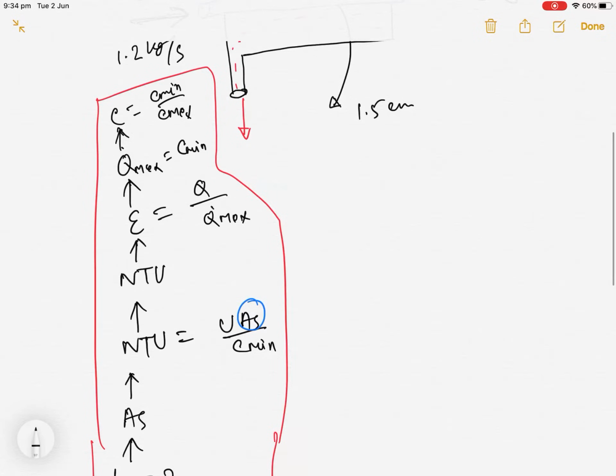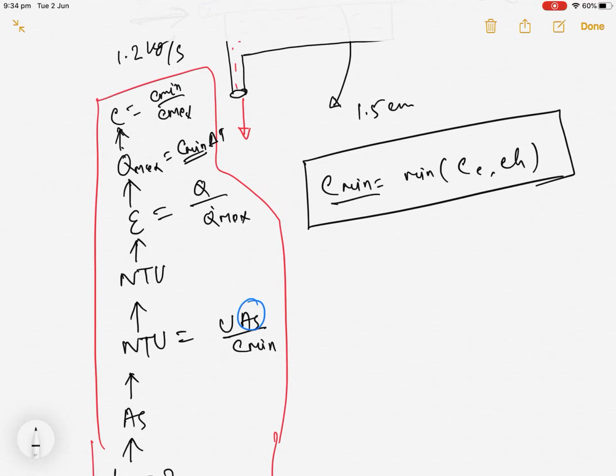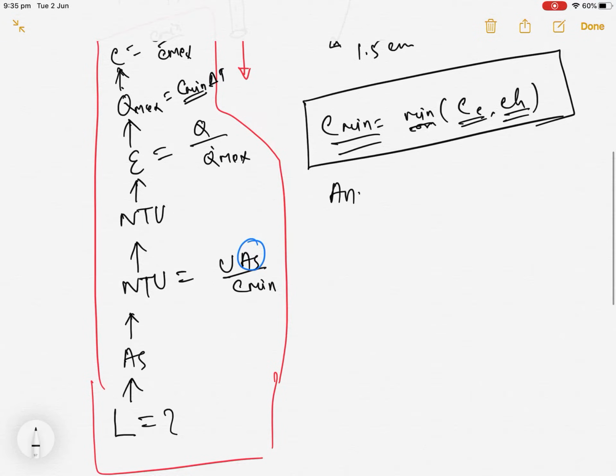For the maximum possible heat transfer rate, the formula is Cmin times delta T, and Cmin, you know the formula, is the minimum value of Cc or Ch. So Cmin is the minimum value between the hot fluid capacity rate and the cold fluid capacity rate.